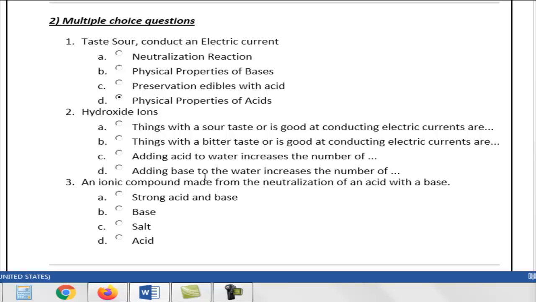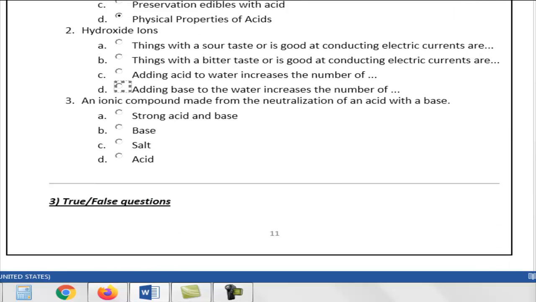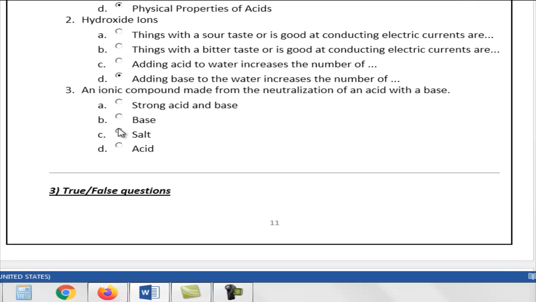Adding base to water increases the number of hydroxide ions, or adding acid to water increases the number of hydronium ions. An ionic compound made from neutralization of an acid and base will be salt.